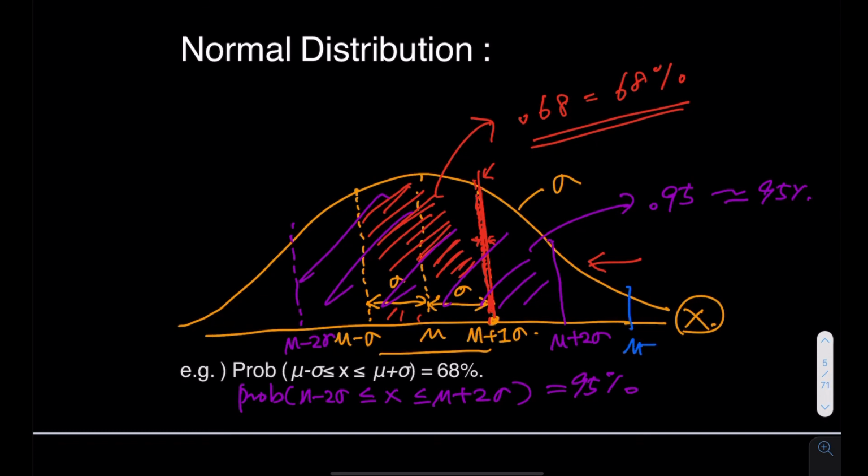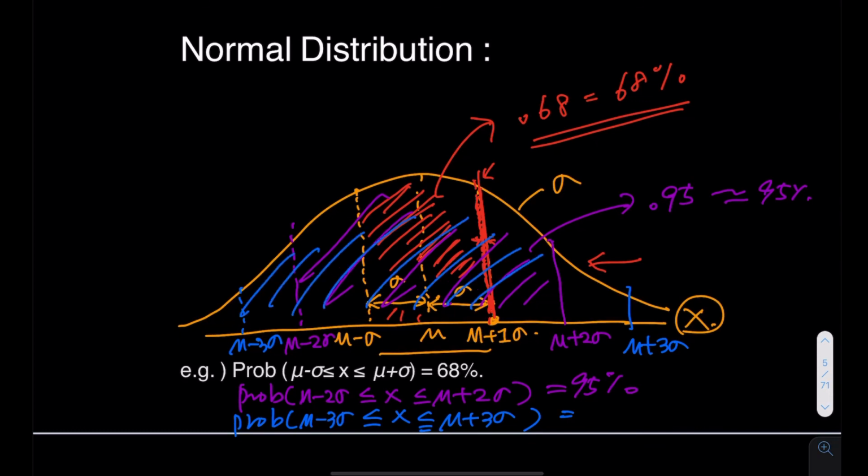Okay, the last example. How about mu plus 3 sigma, and here is mu minus 3 sigma. Now we want to think about the probability when x is in a wider range between mu minus 3 sigma and mu plus 3 sigma. Again, what is the probability, the area in this specific range?